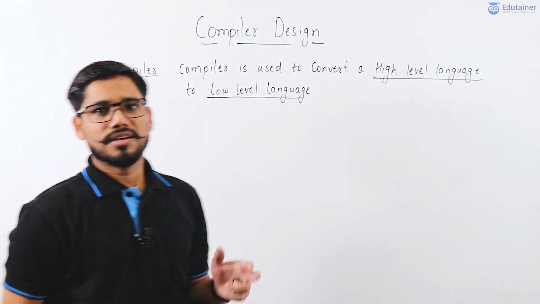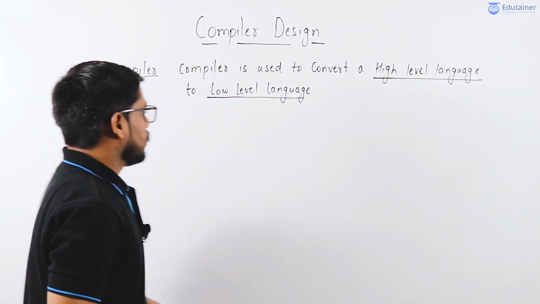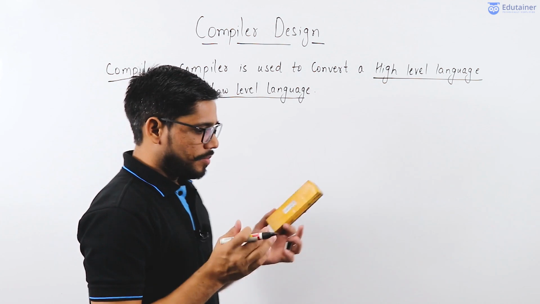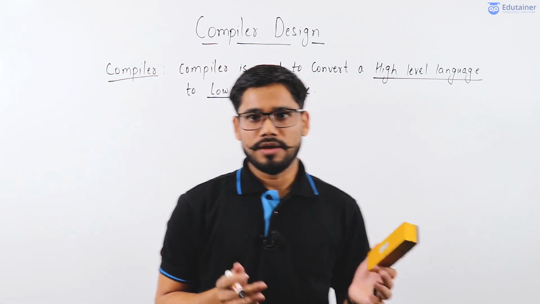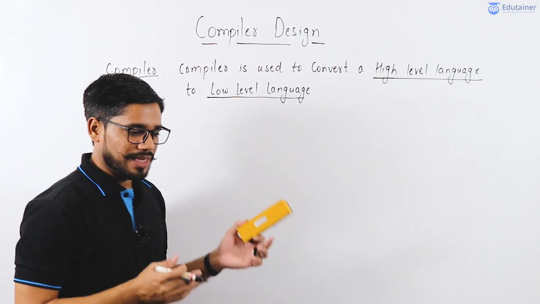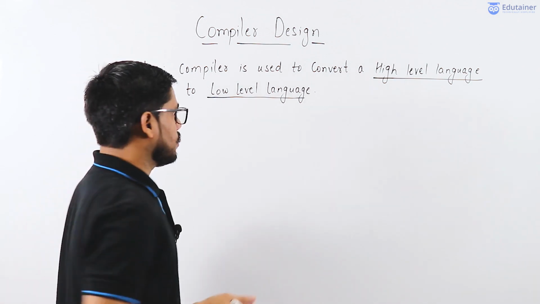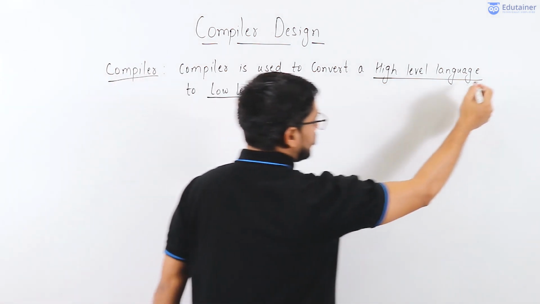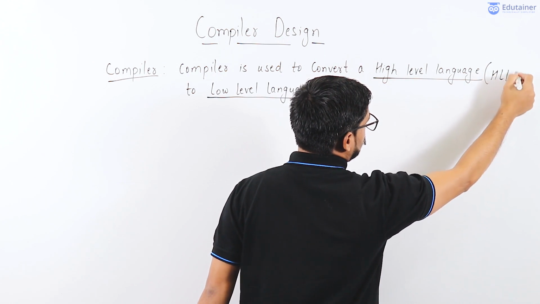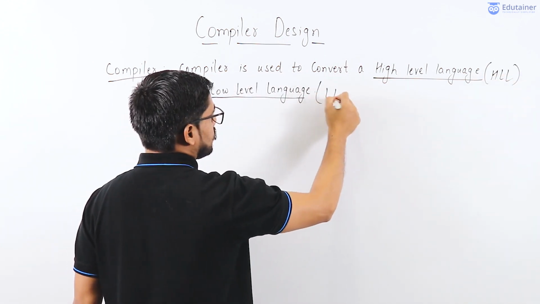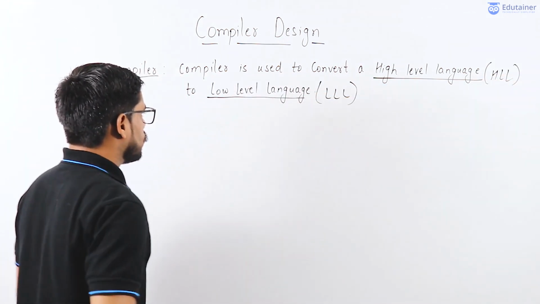Now before starting compiler design, you have to understand the flow of programs in a particular machine, how a program is executed on a machine. I call the high level language HLL and the low level language LLL.